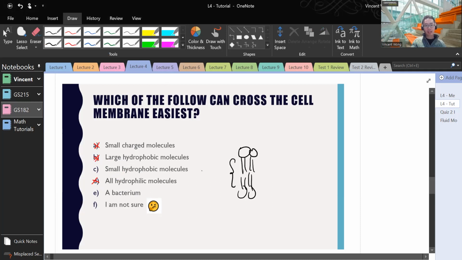So you have a thick layer of hydrophobic barrier in between. So anything that has a charge or is hydrophilic will not be able to cross. To bring in a bacterium, that requires bulk transport. That's phagocytosis. It's not going to be able to cross easily. So the one that will cross the easiest will be something that's small and hydrophobic.